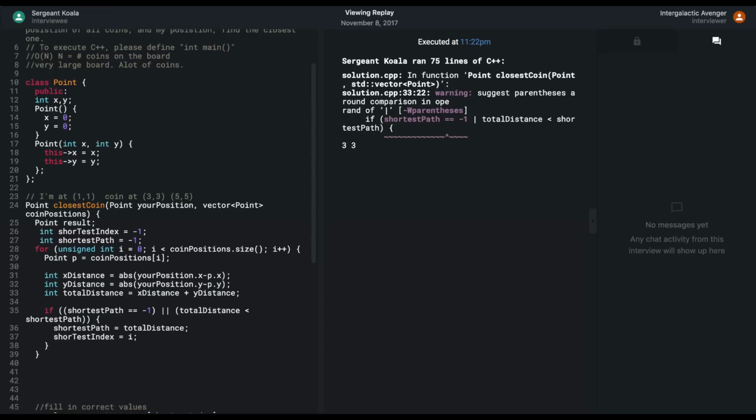No, because you're iterating through every single coin. My initial thought is that if I've got some massive board, I would maybe cut out a smaller subboard, maybe 10 by 10 to start, and see if there's anything within that board.